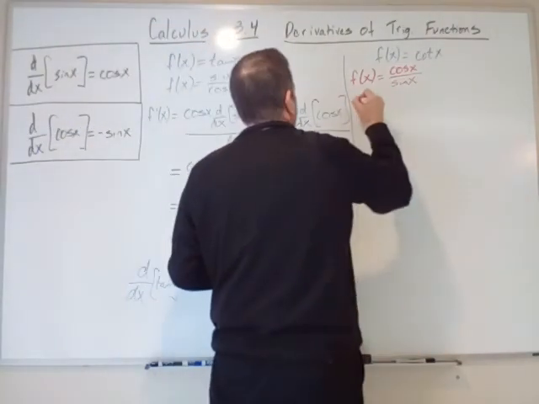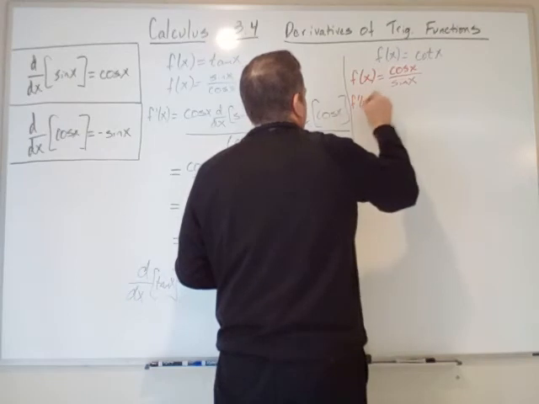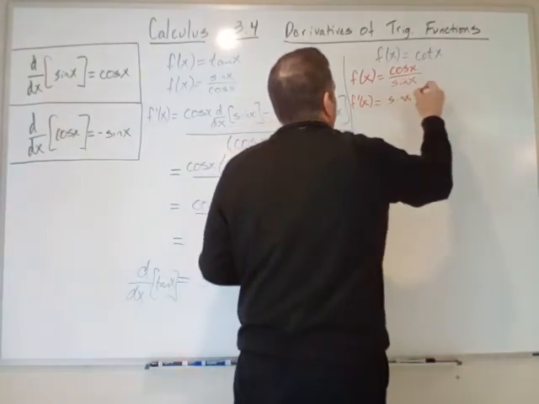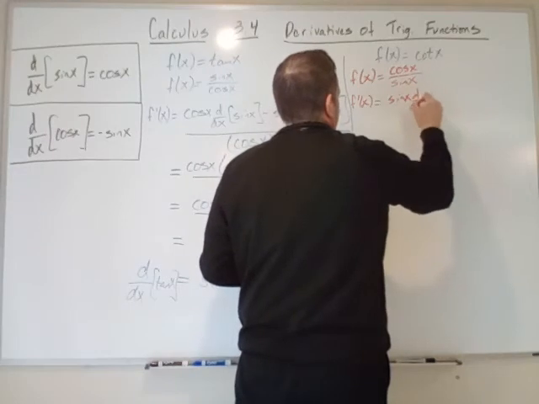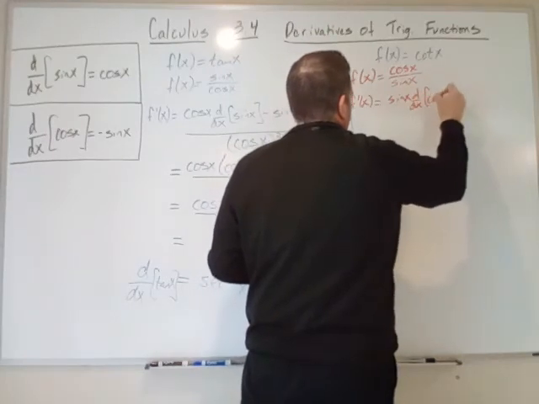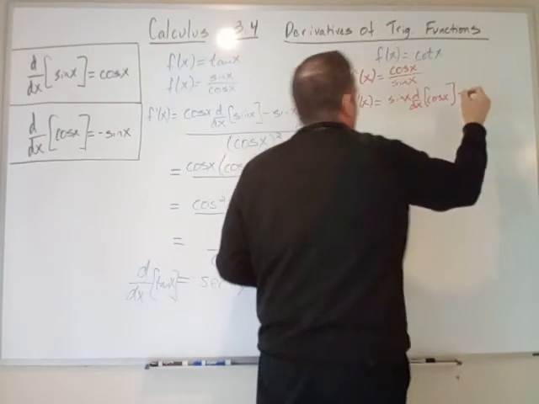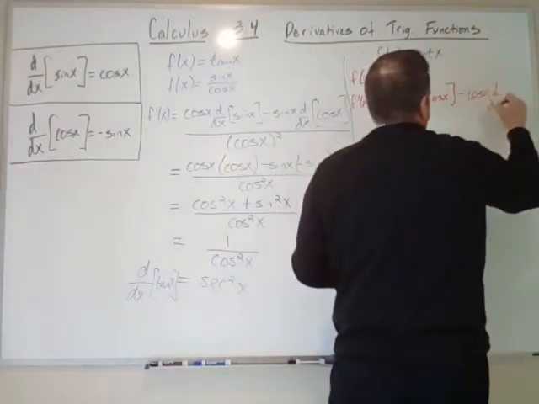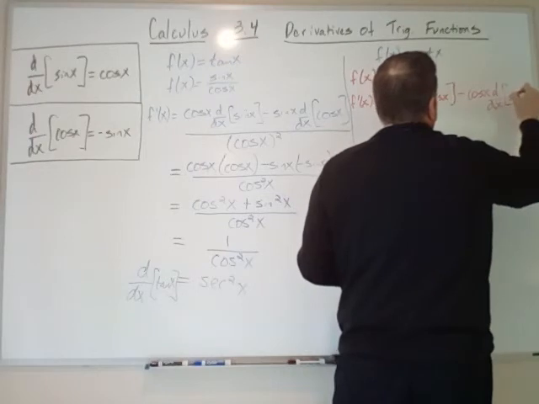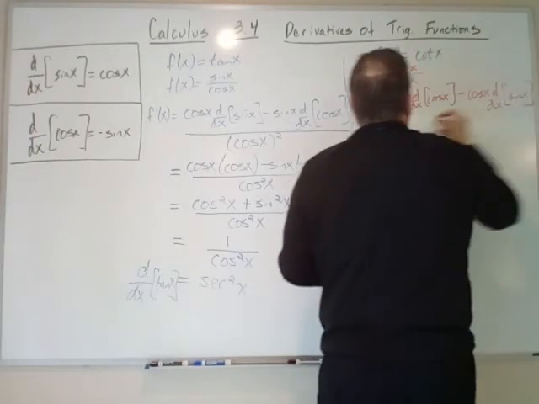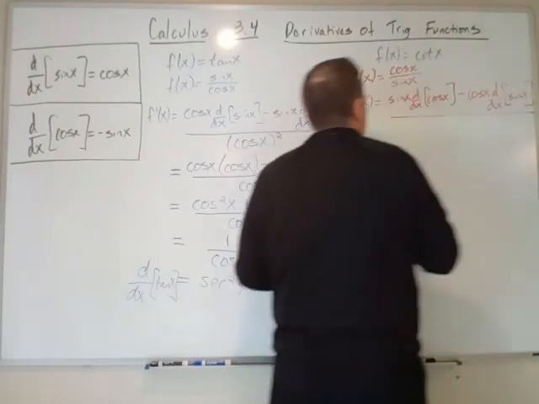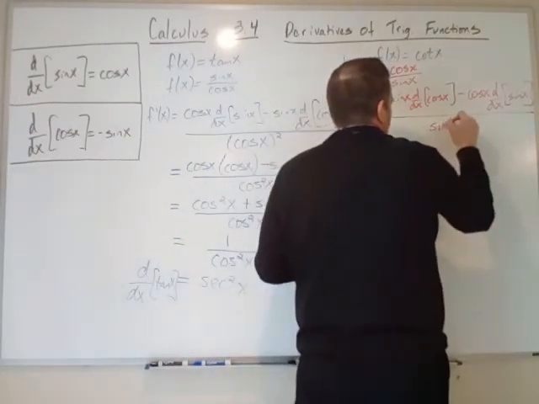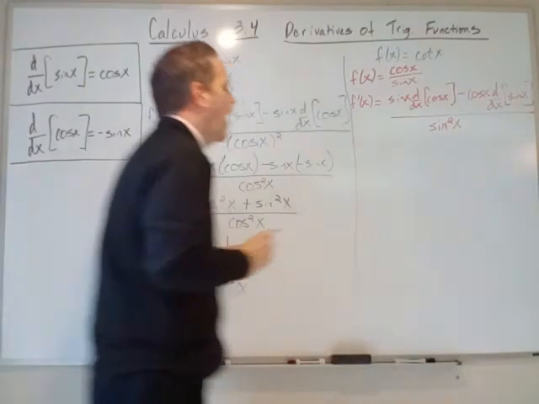Okay, so the derivative, f prime of x equals low d high minus high d low, all over the square of what's below. So again, that sine x quantity squared, I'm just going to write it as sine squared x.